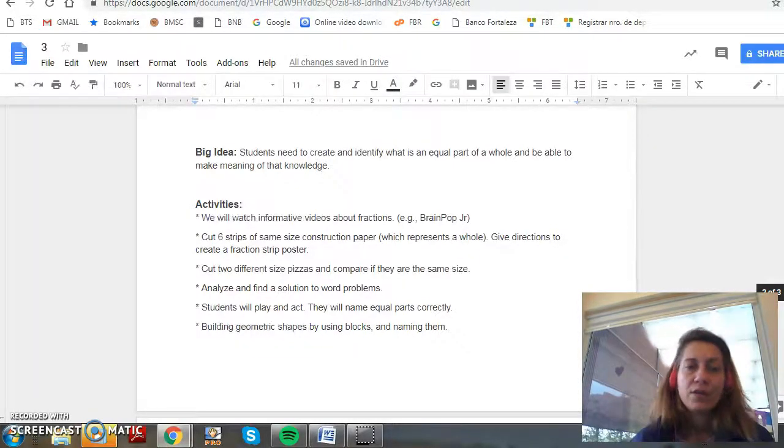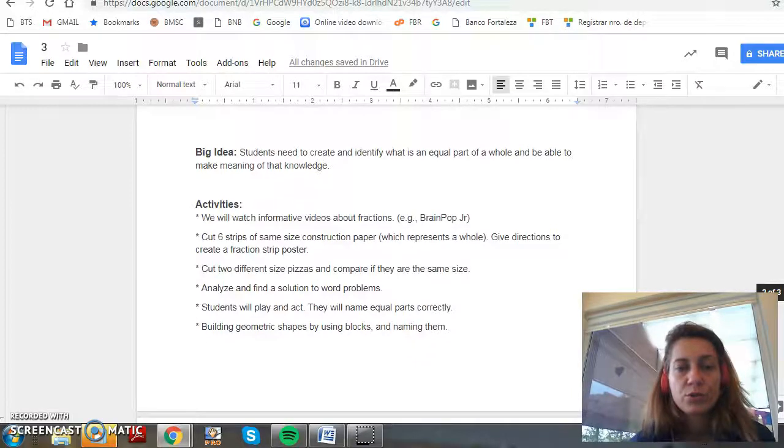Another thing we're going to do is give them those strips, ask them to cut them out and then make the whole, bringing them together in the following lessons. We're also going to cut two different size pieces and compare whether they are the same size.